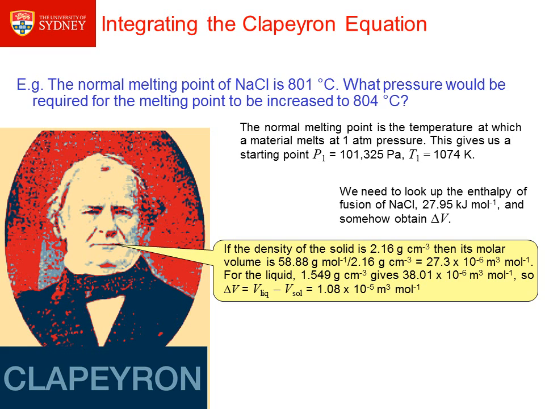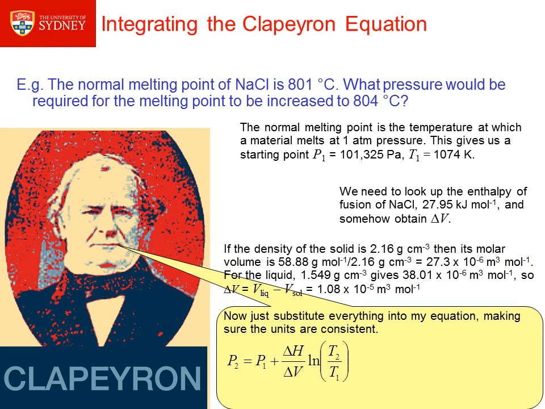This gives 27.3 times 10 to the minus 6 cubic metres per mole, having converted the volume into SI units. For the liquid, the density of 1.549 grams per cubic centimetre gives a molar volume of 38.01 times 10 to the minus 6 cubic metres per mole. So the volume change, delta V, is 1.08 times 10 to the minus 5 cubic metres per mole.